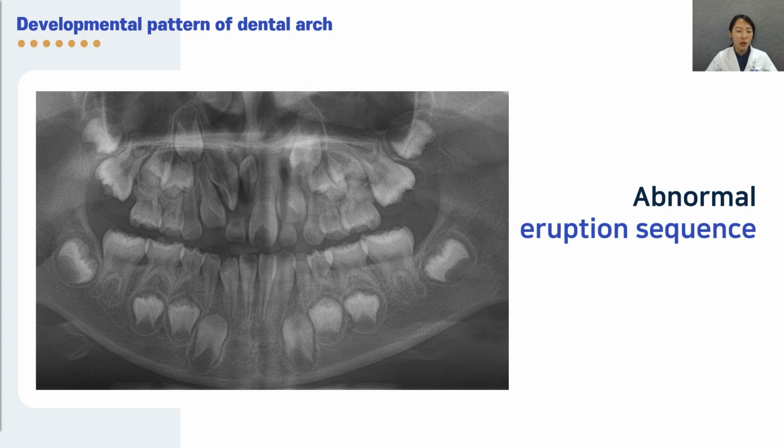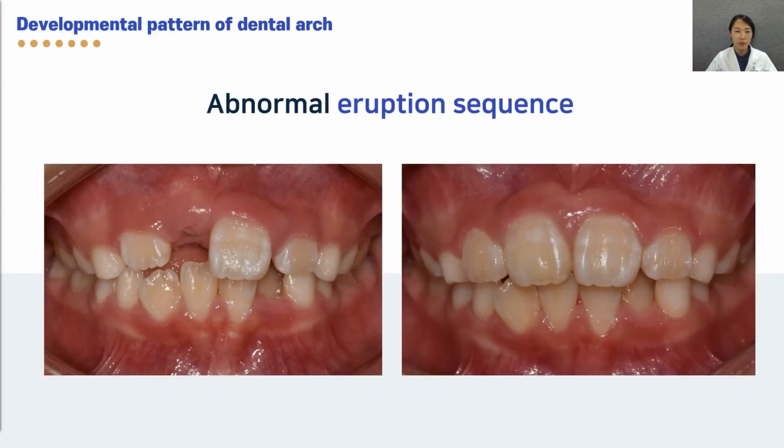In her panoramic radiograph, we could find a supernumerary tooth between the central incisors, and the eruption of the right central incisor was delayed because of the supernumerary tooth. So, to guide the eruption of the central incisor, surgical removal of the supernumerary tooth and additional orthodontic treatment were necessary.